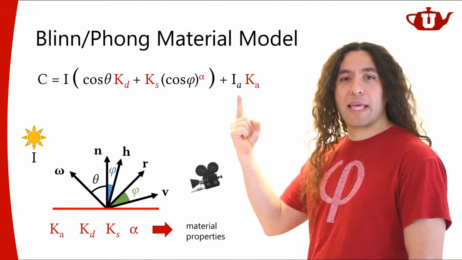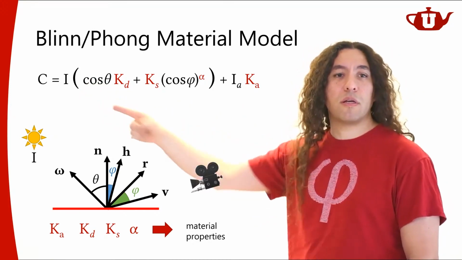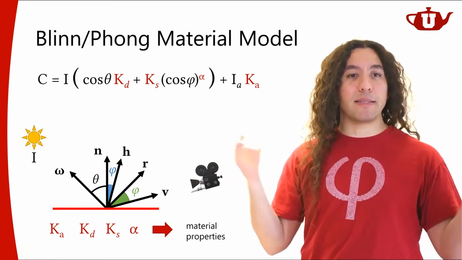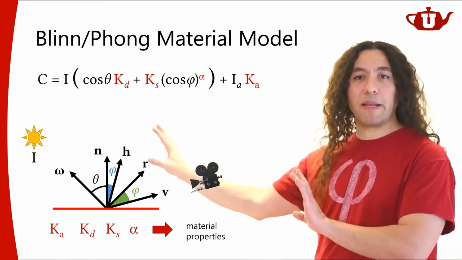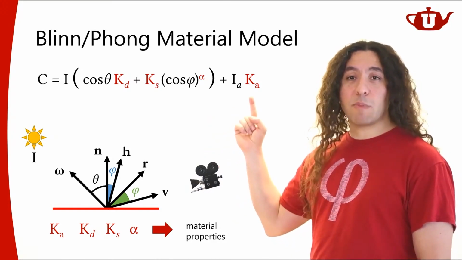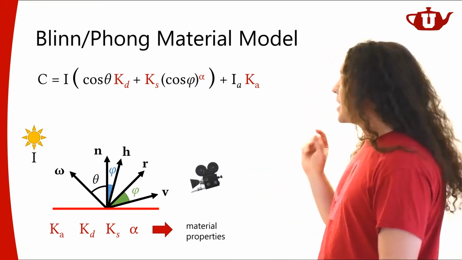So this I_A is different than this I. This I was my light source. I_A is just some ambient light defined independently. And this is my ambient coefficient of my material. Now this looks a little funny.